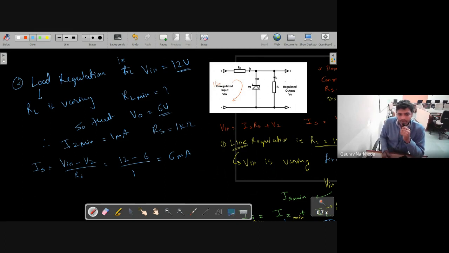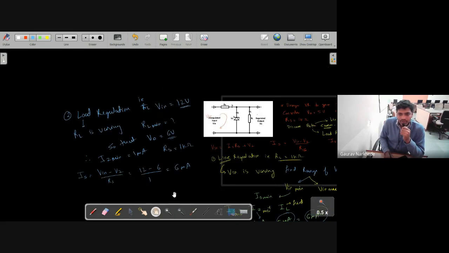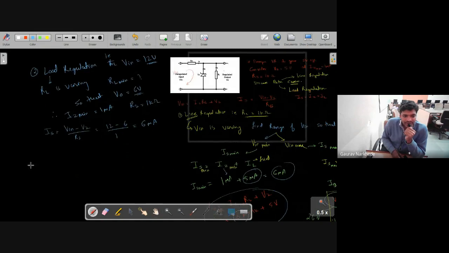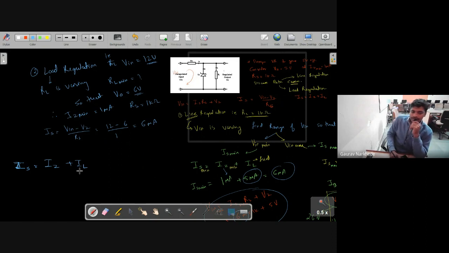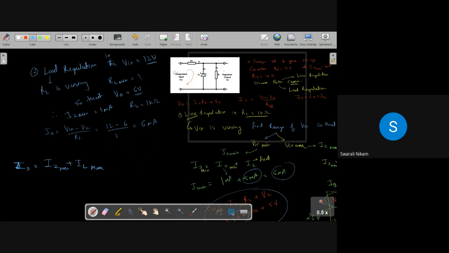Now I will just write, we have this formula: IS is equal to IZ plus IL. If IZ is minimum, IL will be maximum, correct?